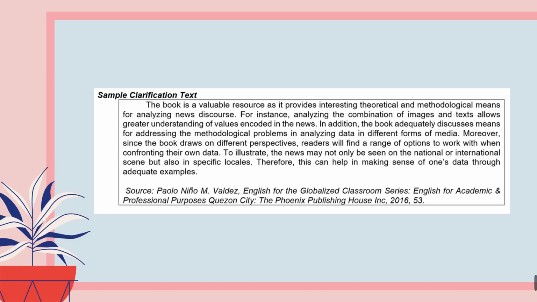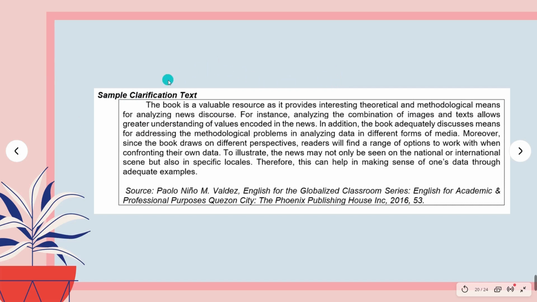So as what you have noticed, the clarification text that we have here starts with a general abstract concept, which is the first sentence. The book is a valuable resource as it provides interesting theoretical and methodological means for analyzing news discourse. So this is the general abstract concept.